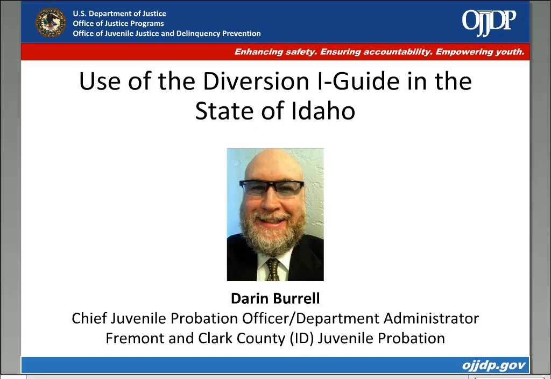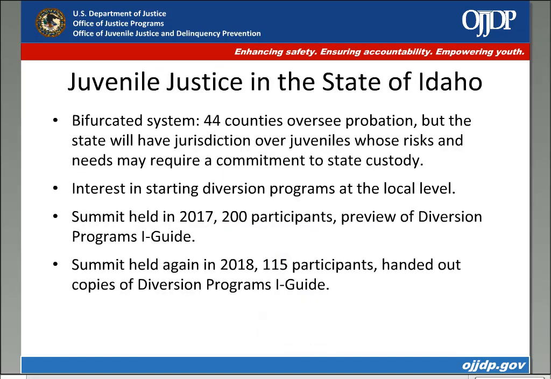So you have potentially 44 different ways of doing probation, and within those individual counties you have their individual judges and court systems, prosecutors, public defenders, and then the probation department. So when you talk about trying to find something like diversion to get to 44 different ways of doing things, it can be a bit overwhelming.